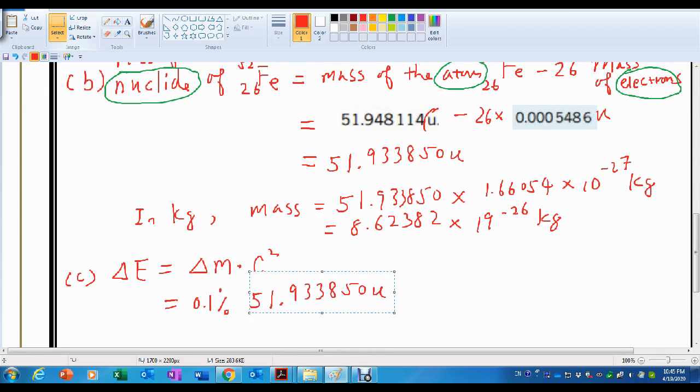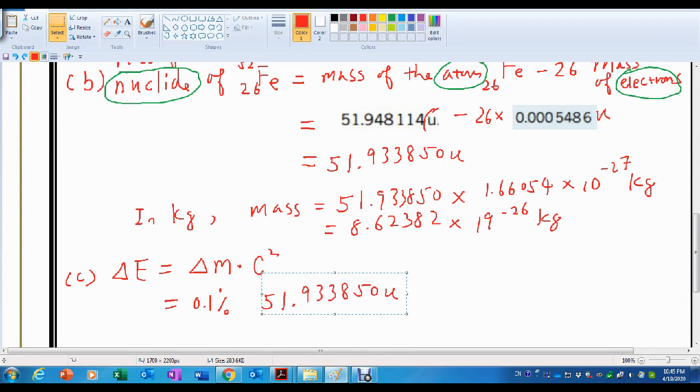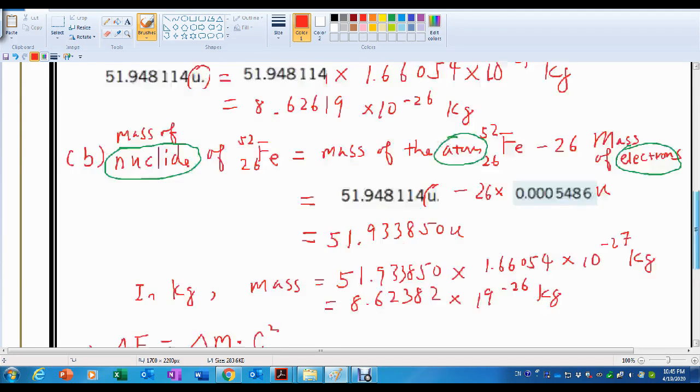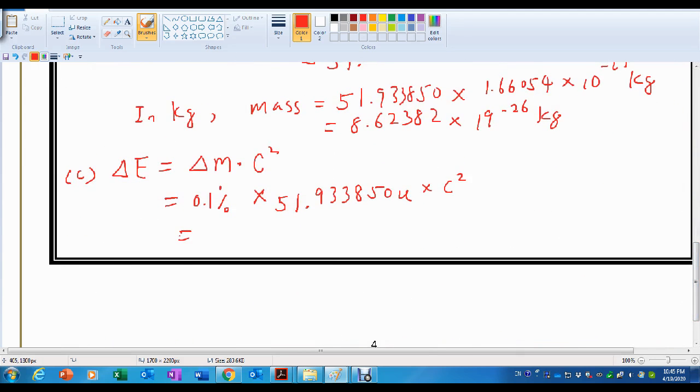Oh, sorry, I need to copy it. That looks better, right? Times c squared. So what we're going to do? That means 0.1 divided by 100 times this one.